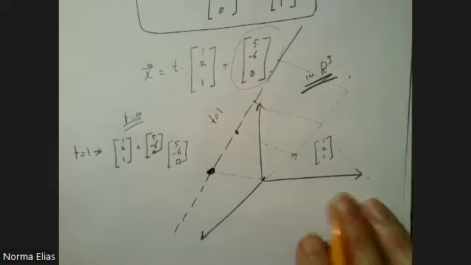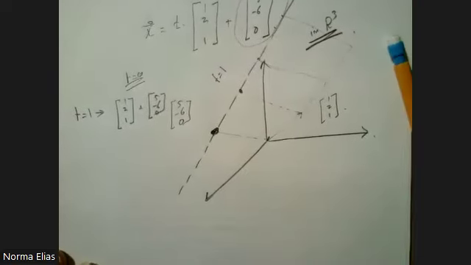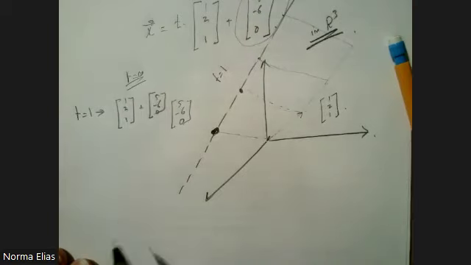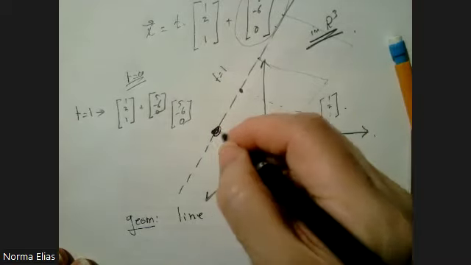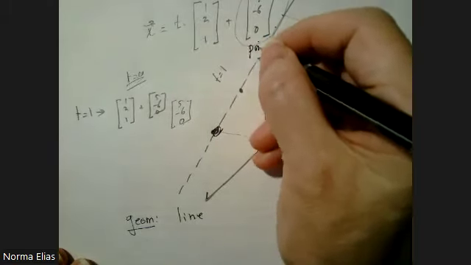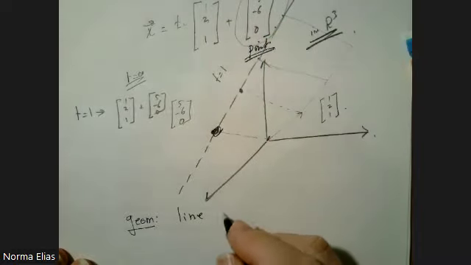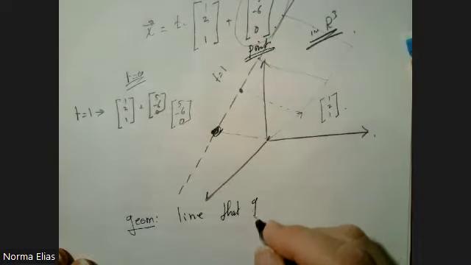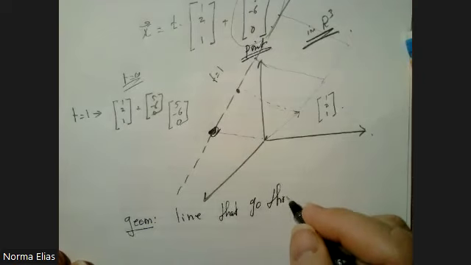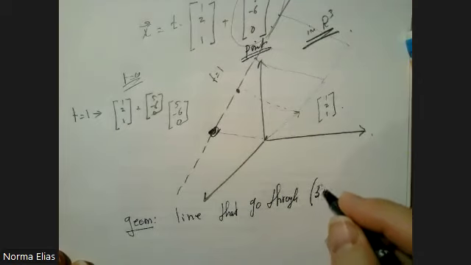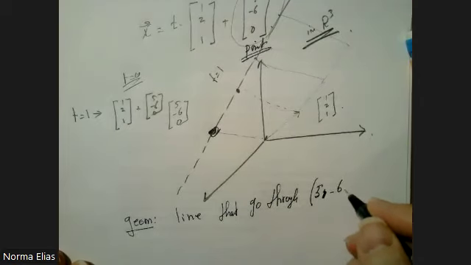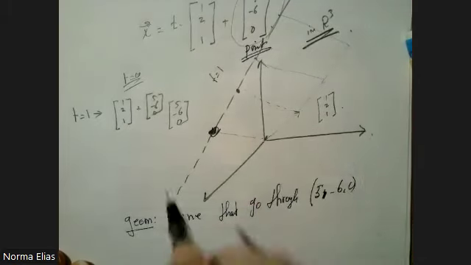So the solution is geometrically the line that goes through the point (5, -6, 0). That's the point on the line.